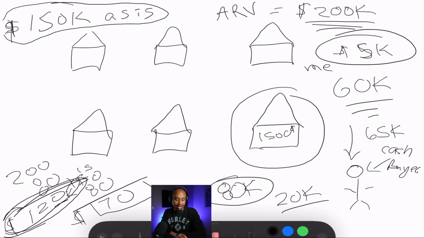He's all in at 80K, and he's renting it for $1,500 a month. He has no loan or anything. He bought this cash because he has like 40 or 50 other properties that he's generating rent from in this city. So he got an excellent deal.